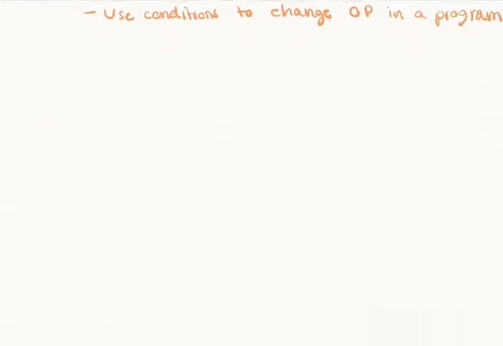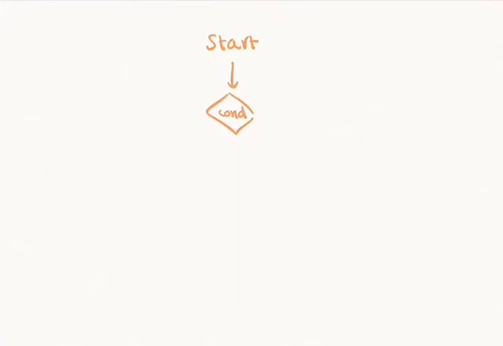To go over what this might look like in a program, say you have the start of a program up here, right? This is the start. It goes down. The program continues as expected, but suddenly it reaches a condition, right? We're going to abbreviate it as COND, a condition. And now the condition can have two sides. One is that the condition is false, and the second one is that the condition is true.